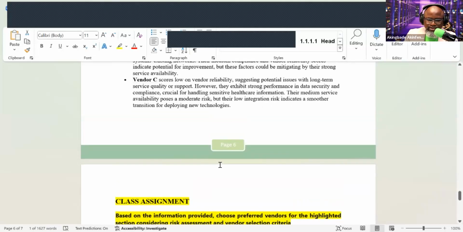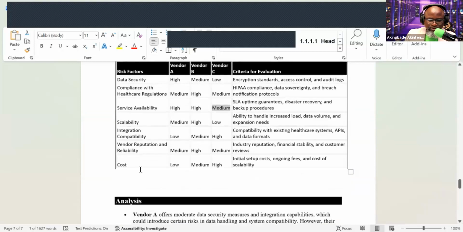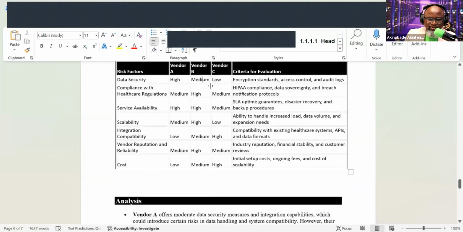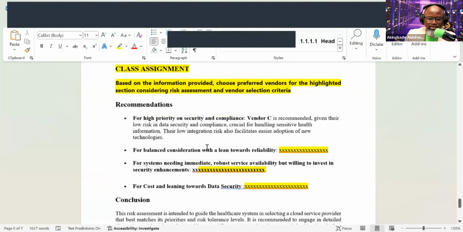If my consideration is cost and leaning towards data security, I may come here and look at cost and data security. Which one has high security or low security issue, then cost? So you have to make your choice here and decide which of these I would select. It's a decision point.